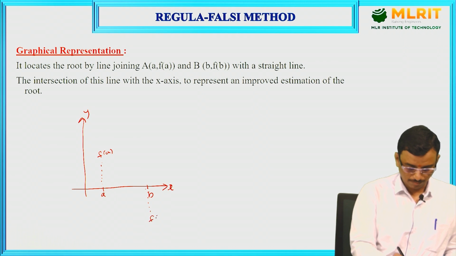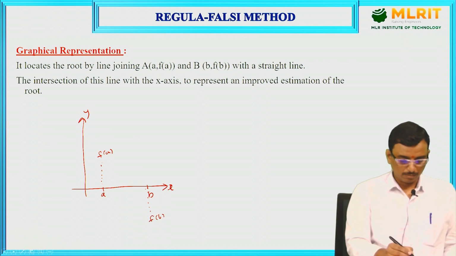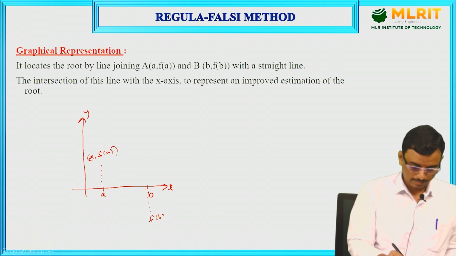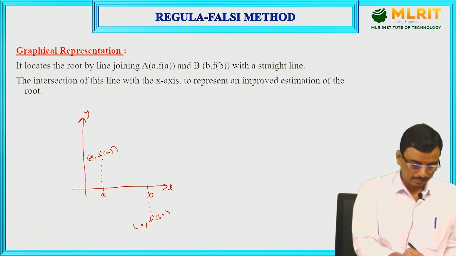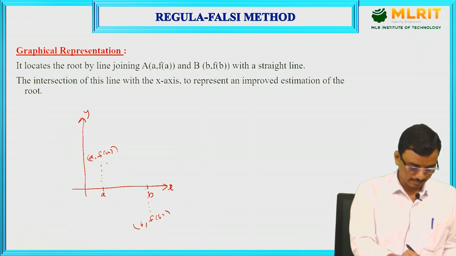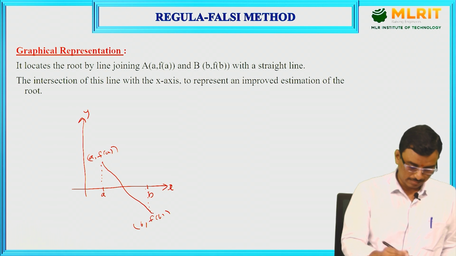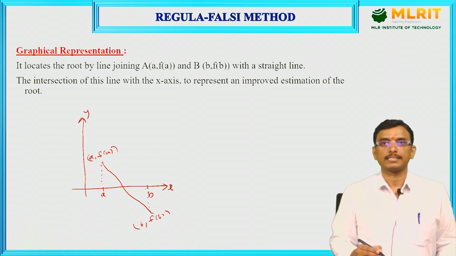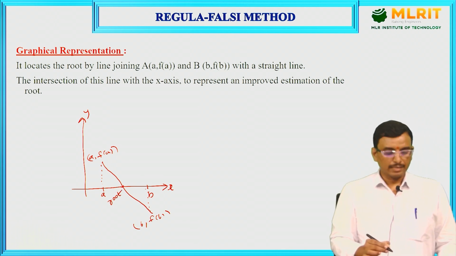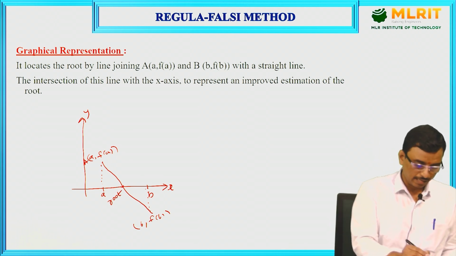I am taking the coordinate points a comma f of a and b comma f of b. The curve y is equal to f of x joins these two coordinates and crosses the x axis at this point. This is the root of the equation.